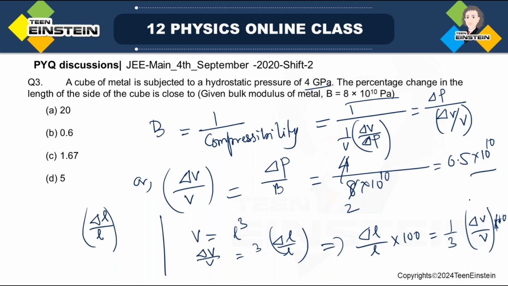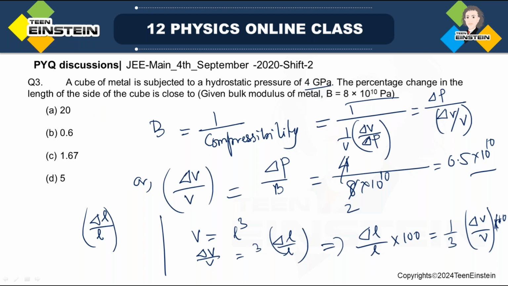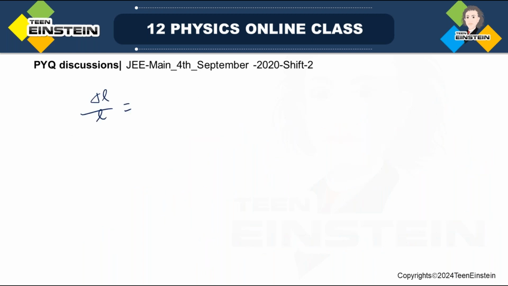So 1/3 delta V by V. One third of that. Yes.